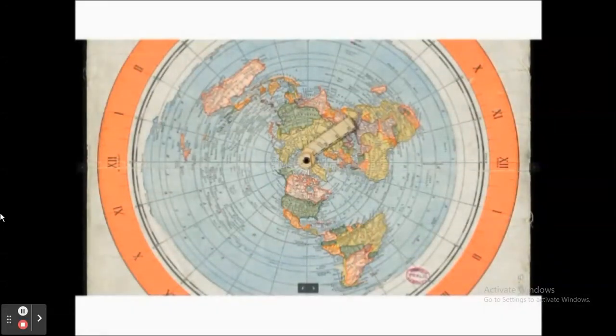So when looking at the Gleason map, you'll notice that the overall design is in a clock-like format. And actually, it is a clock. But you'll notice that they had a little tool in the center that spun around the map that gave you the lines of latitude.